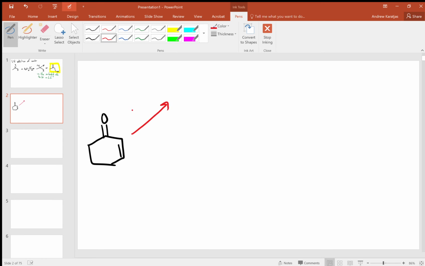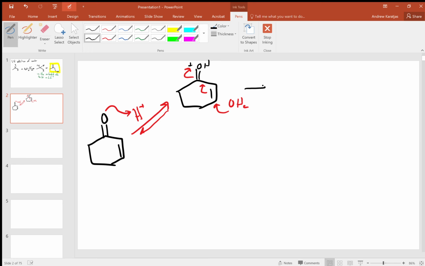Under acidic conditions, we start with the protonation of the carbonyl, and then the water will attack at the alkene carbon, and we shift the pi electrons through the conjugation up onto oxygen.